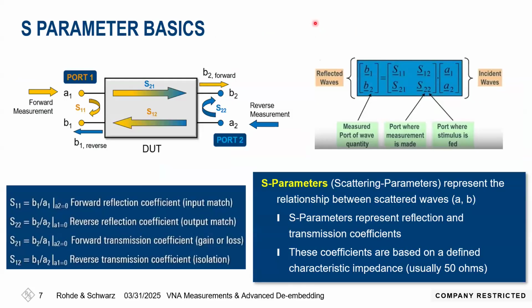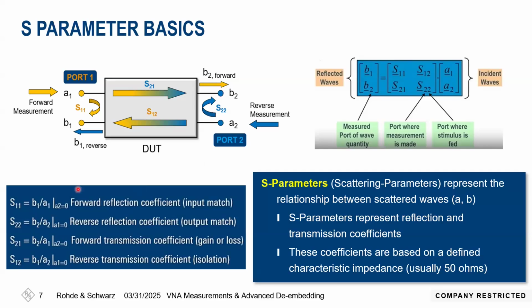So now we have seen fundamentally that VNAs can generate the incident waves and measure the forward transmission or the reverse transmission B waves. We come across the S parameters very commonly when we talk about the VNA. The S parameters are nothing but the ratio of those wave quantities that VNAs work with.